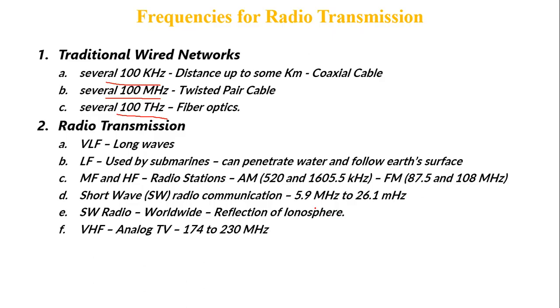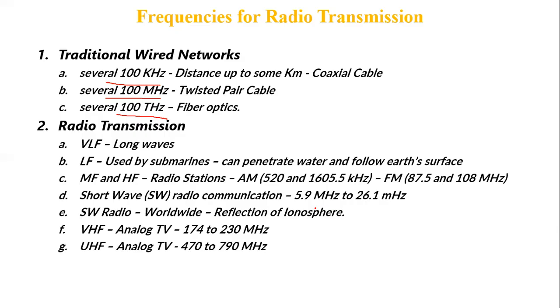And then we have VHF, very high frequency. There is analog TV operating on very high frequency in the frequency band of 174 to 230 megahertz. Followed by that, we have UHF, ultra high frequency.